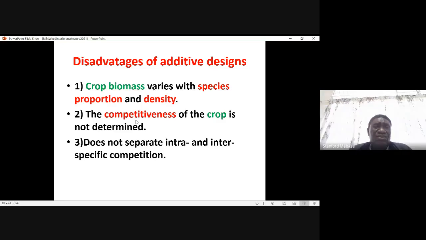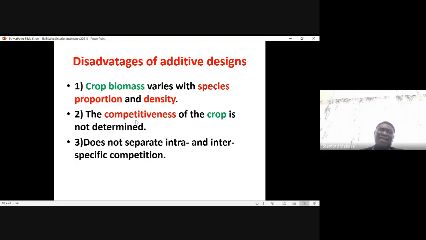Now, I just want to briefly talk about the disadvantages of additive designs. One disadvantage is that crop biomass varies with the species proportion and density.